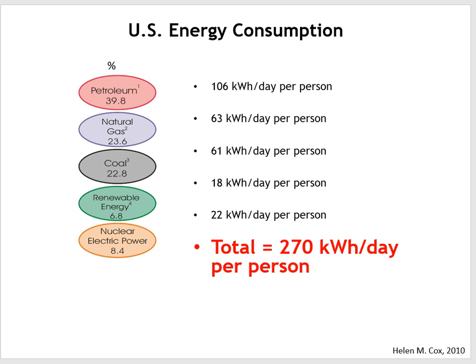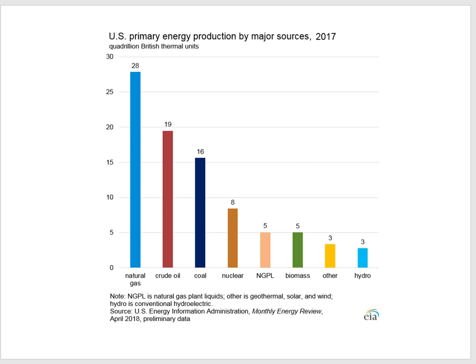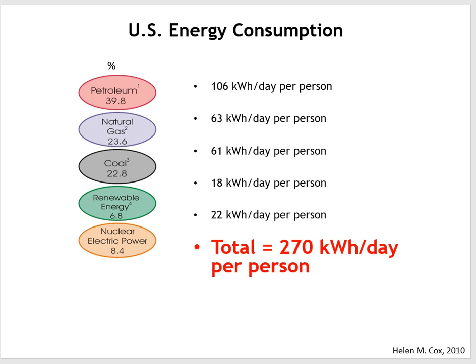Okay, continuing with our story here, we look at the next slides, which also look at U.S. energy production by major resource. So here it's interesting, in this first slide, most of the energy that is used on a per person basis daily comes from petroleum. Natural gas is about 24% in 2010.